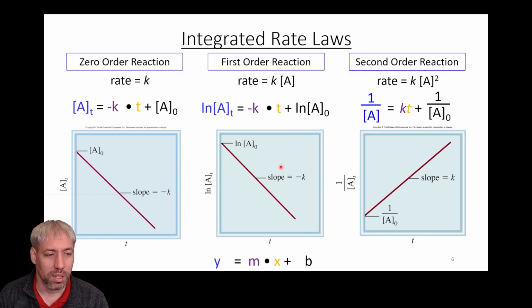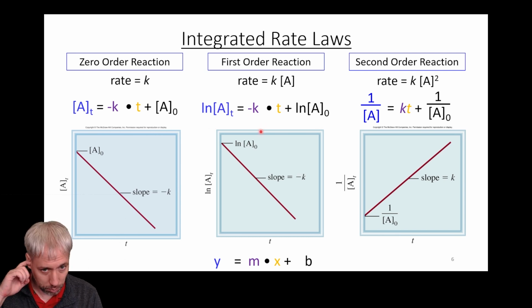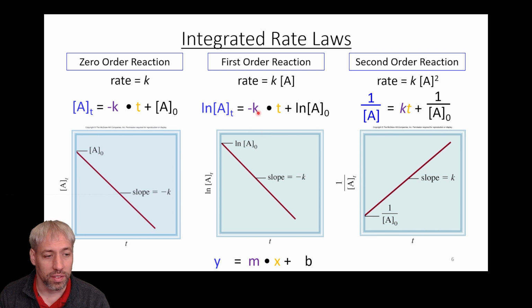Basically, if we know a concentration, we can figure out the concentration at time t. Similarly, if we know an initial and a final, we can figure out t as long as we know the slope. As long as we know 3 out of the 4 variables, we can figure out the 4th. What you do experimentally is figure out concentration change with time and graph it 3 different ways.